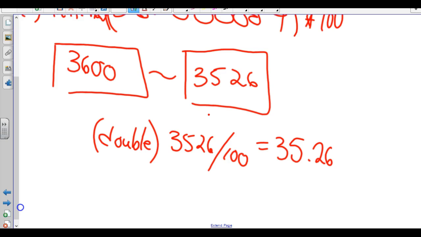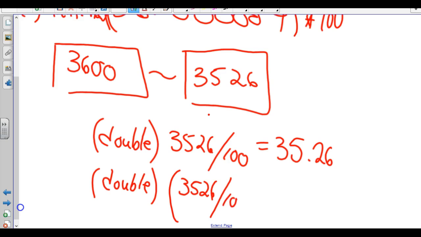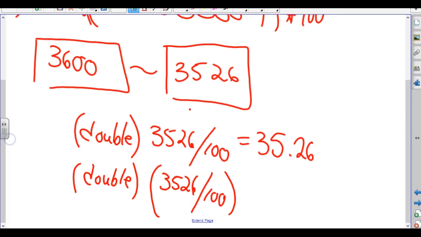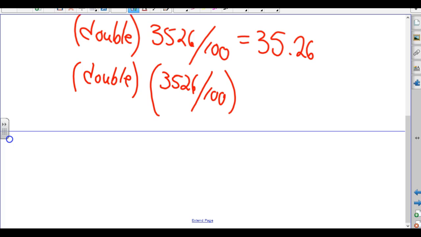So when we convert this way, we get this. If you do this by mistake, and this is where some of you are getting weird answers, the integer division happens first. So we're not going to get the answer we expect. 3526 divided by 100 in integer division is 35.